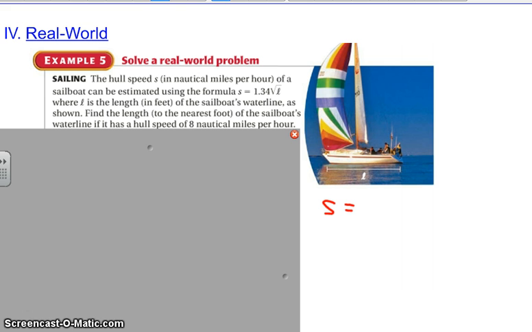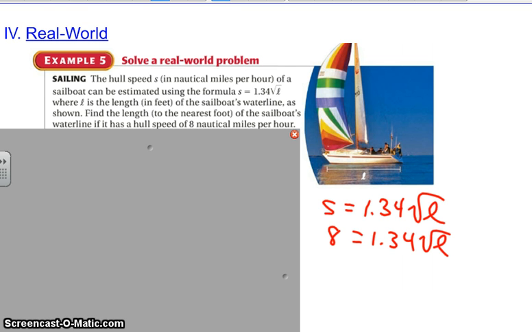S equals 1.34 square root of L. If you have been told now the sailboat's going 8 nautical miles per hour, what letter are we substituting for? S. So we plug it in. And what do we do to isolate the radical? Haley? Would you square both sides right now?